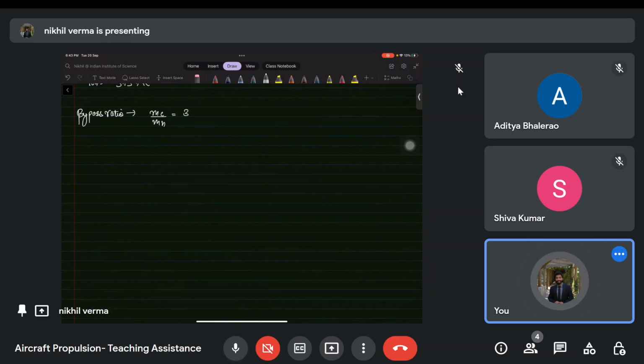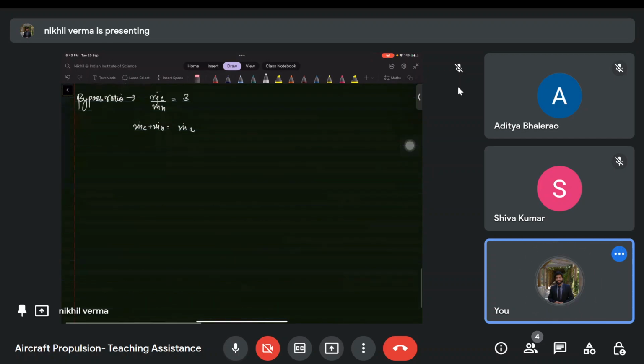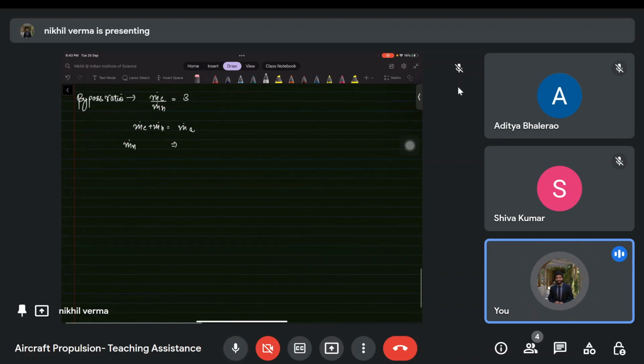Also this is given: m dot cold plus m dot hot is just the total air mass flow rate, m dot a. If you take m dot hot as common, you will get m dot cold by m dot hot plus 1, times m dot hot, equals m dot a.